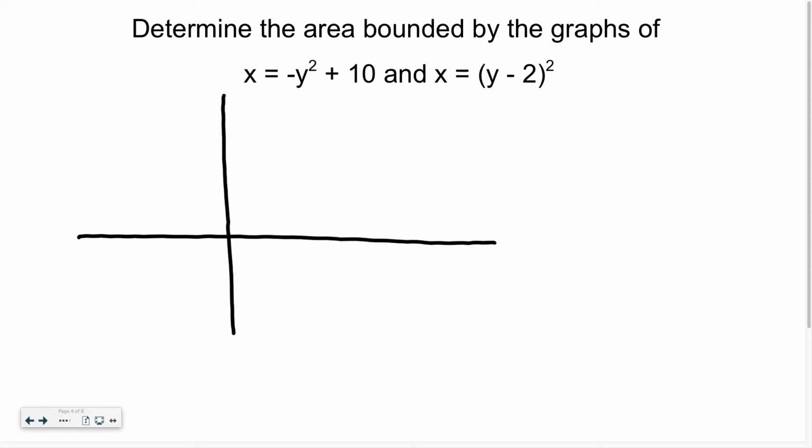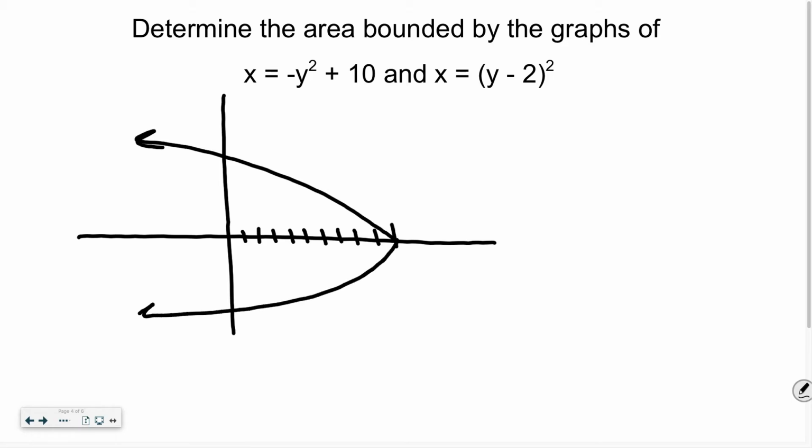So now we just need to change that to right and left instead of up and down. Since the x and y are in different places, we have to switch up, down, right, and left. So this is going to be opening to the left, shifted 10 to the right. Really don't like that parabola, but I'm not going to redraw. Make yours better than mine.